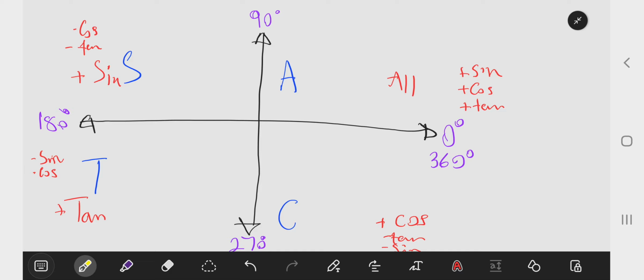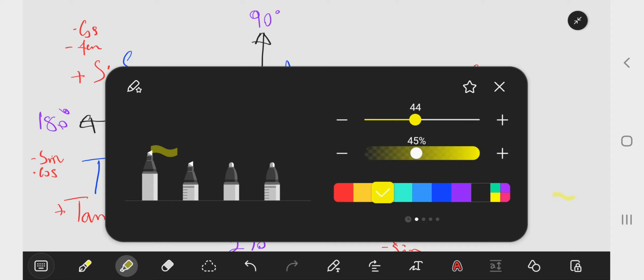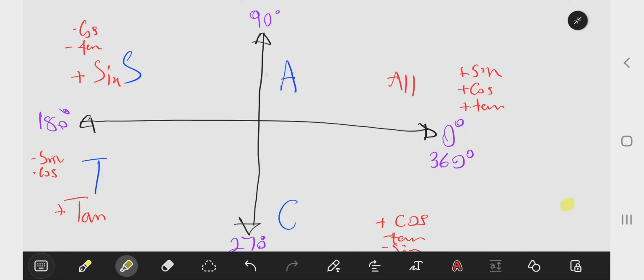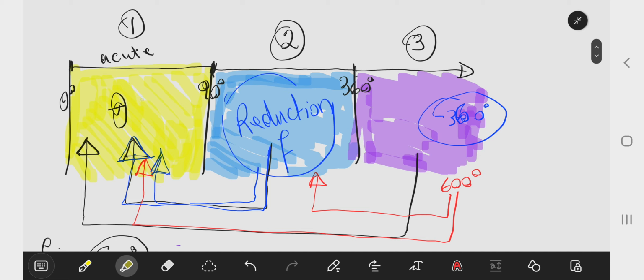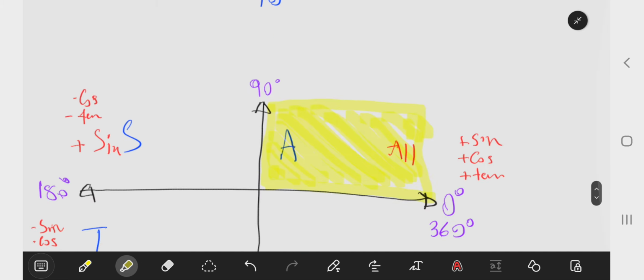So now if you look at your CAST diagram, it shows you different regions, right? If you check, this region ranges from 0 until 90, so this is the first region. If we compare it with the first diagram that I drew, that is the first region here, from 0 to 90 in that Cartesian plane, right?